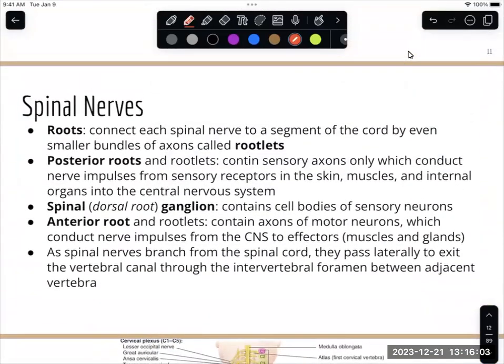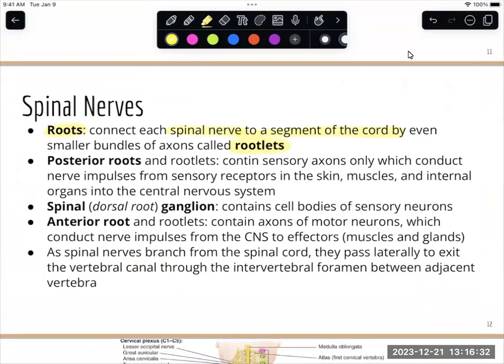So our spinal nerves, all of our spinal nerves are going to have roots. This is what connects that spinal nerve to that specific segment of the spinal cord. They have this little area that is known as rootlets.